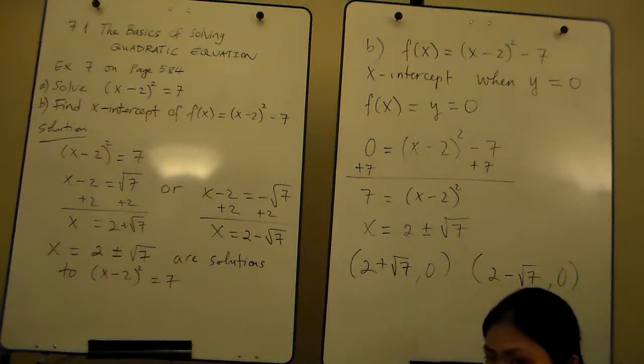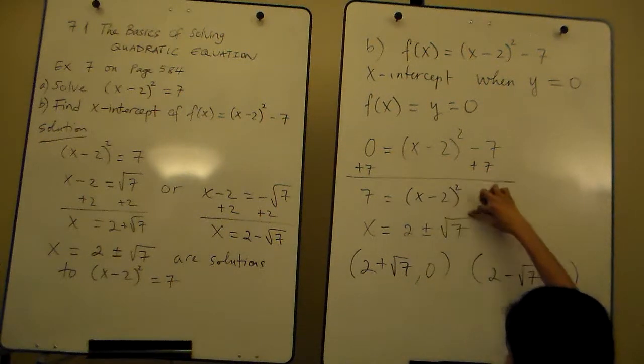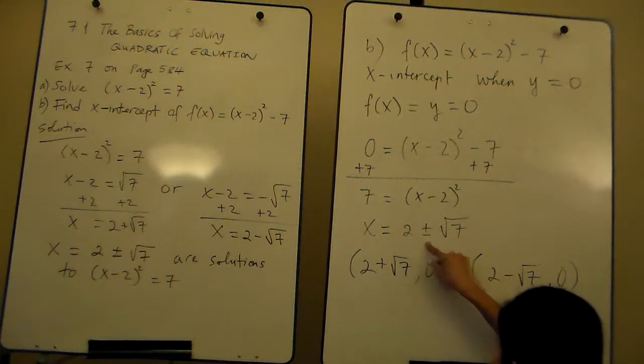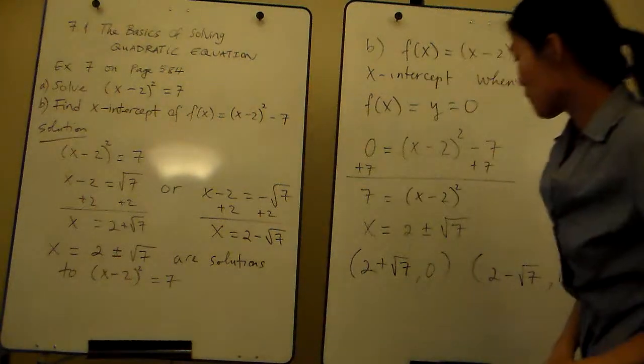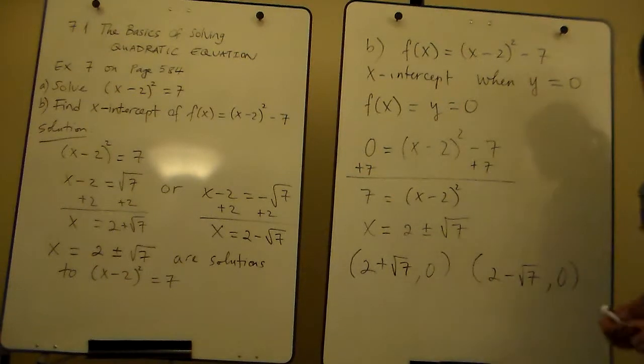So the x-intercepts are 2 points. The first one is 2 plus square root of 7, which is this one. And then 2 minus square root of 7, which is this one. And for x-intercepts, y always equals 0. That's why you have the y here equal to 0.